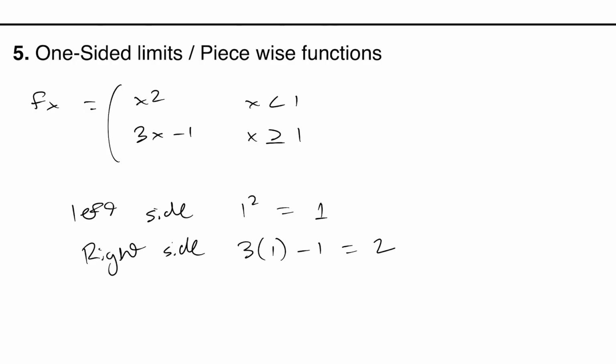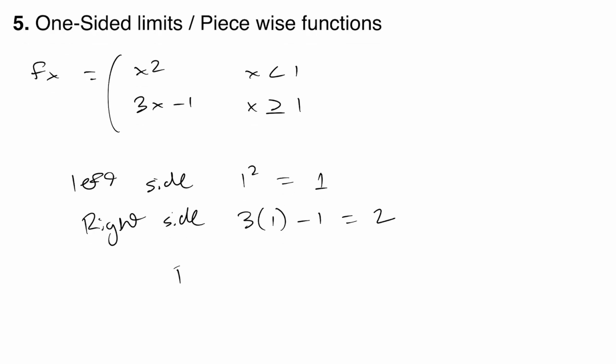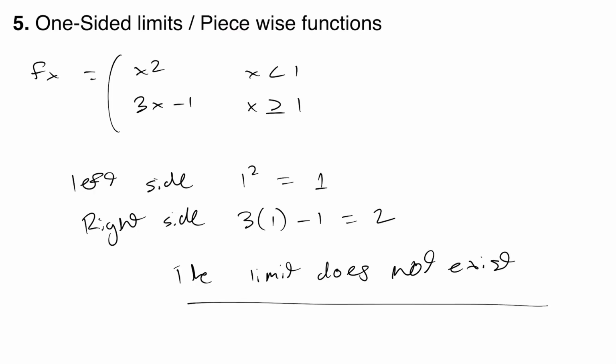So since the left and right do not equal each other, the limit does not exist. It's important to remember that they have to equal each other in a piecewise function, the left and the right side, for the limit to exist.